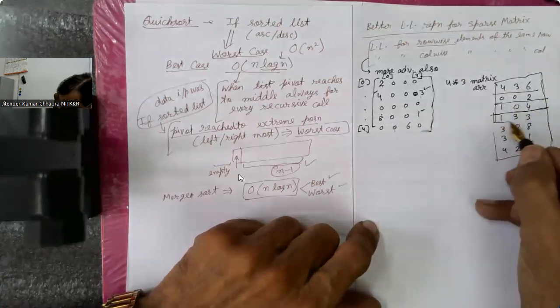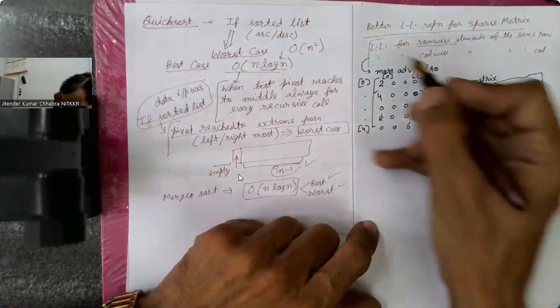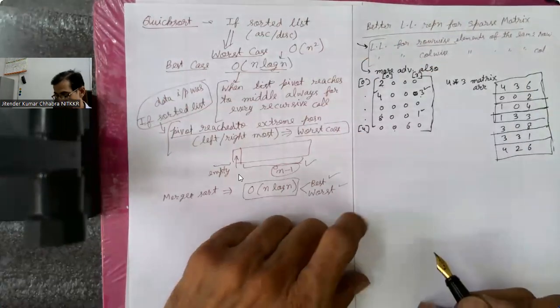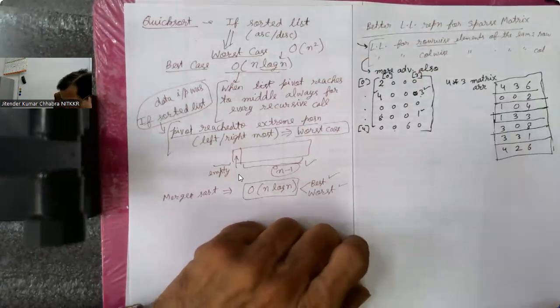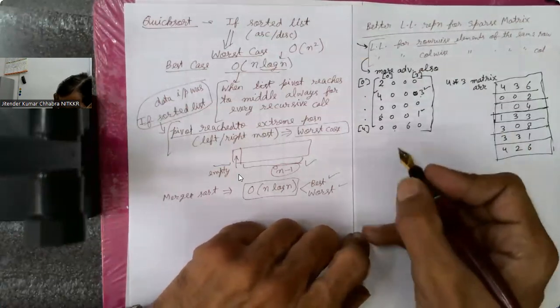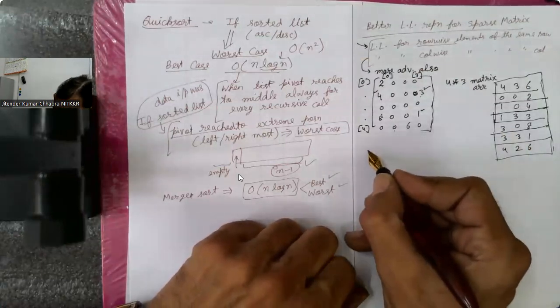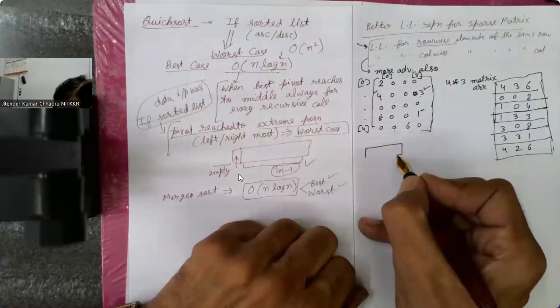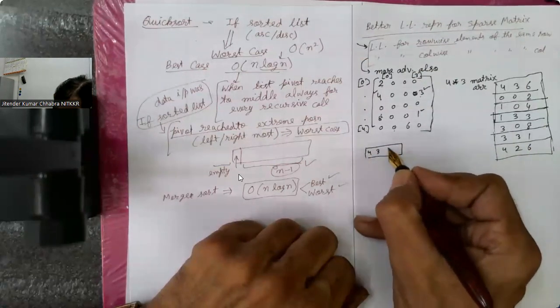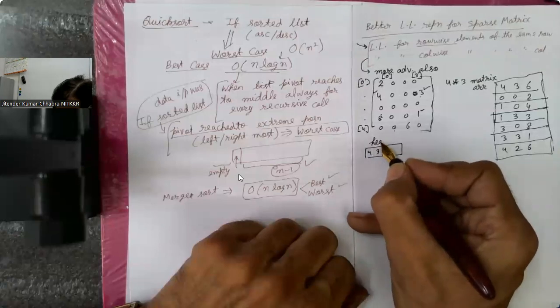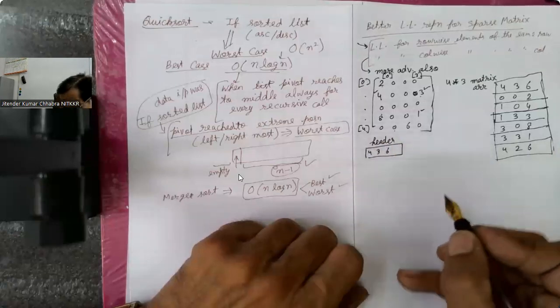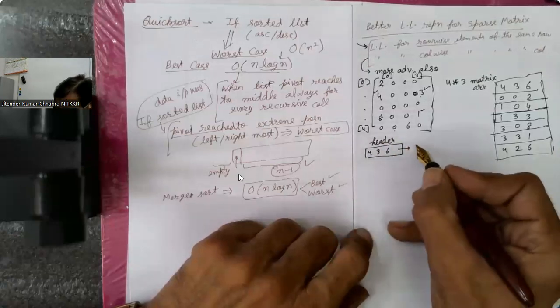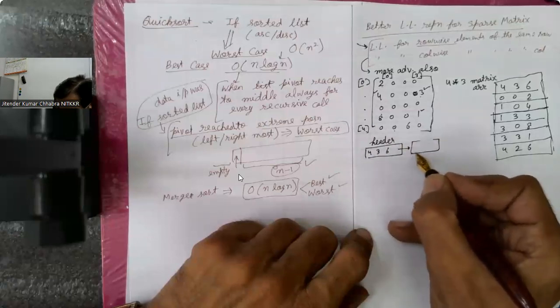But if I say linked-list based, it will have a different concept. First of all, my 4, 3, 6 will be one header node. Now this will have many headers further.